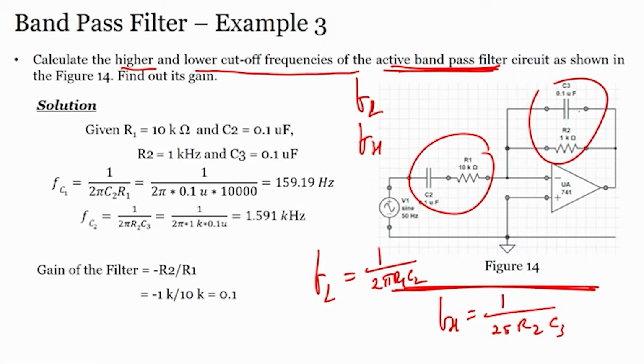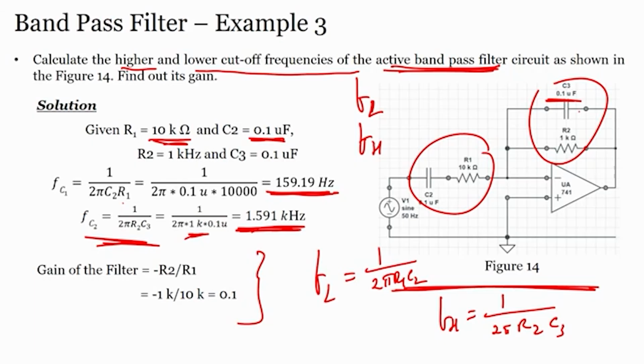If I substitute the values, C2 is 0.1 microfarad and R1 is 10 kilo ohms, I get a value of 159.19 hertz. Then for the other, R2 is 1 kilo ohm and C3 is 0.1 microfarad, so I get a value of 1.591 kilohertz.